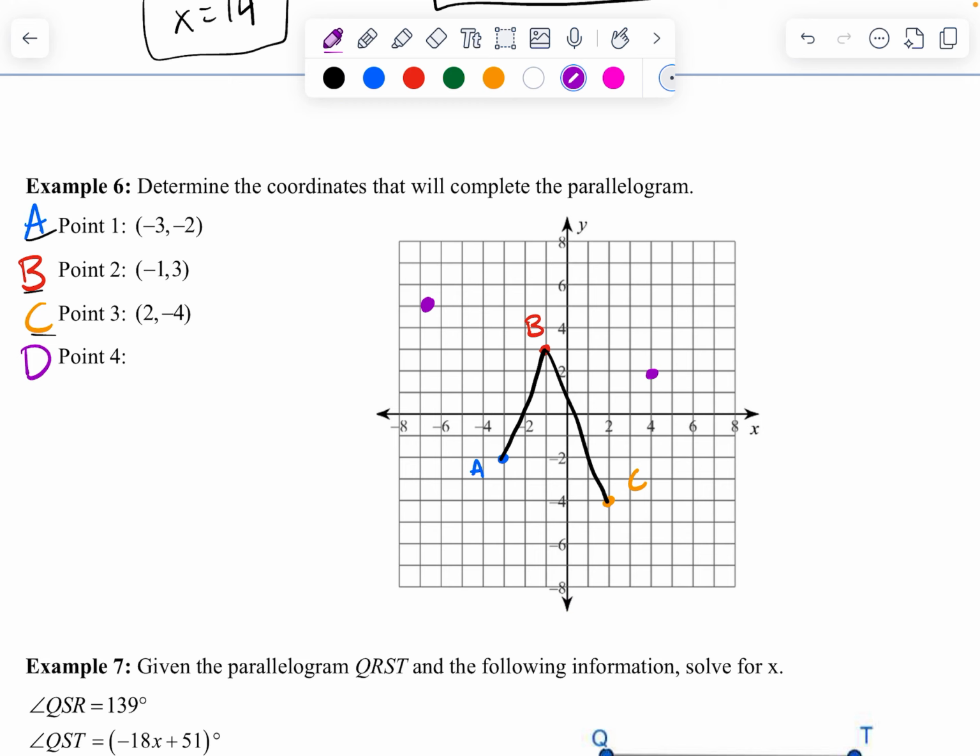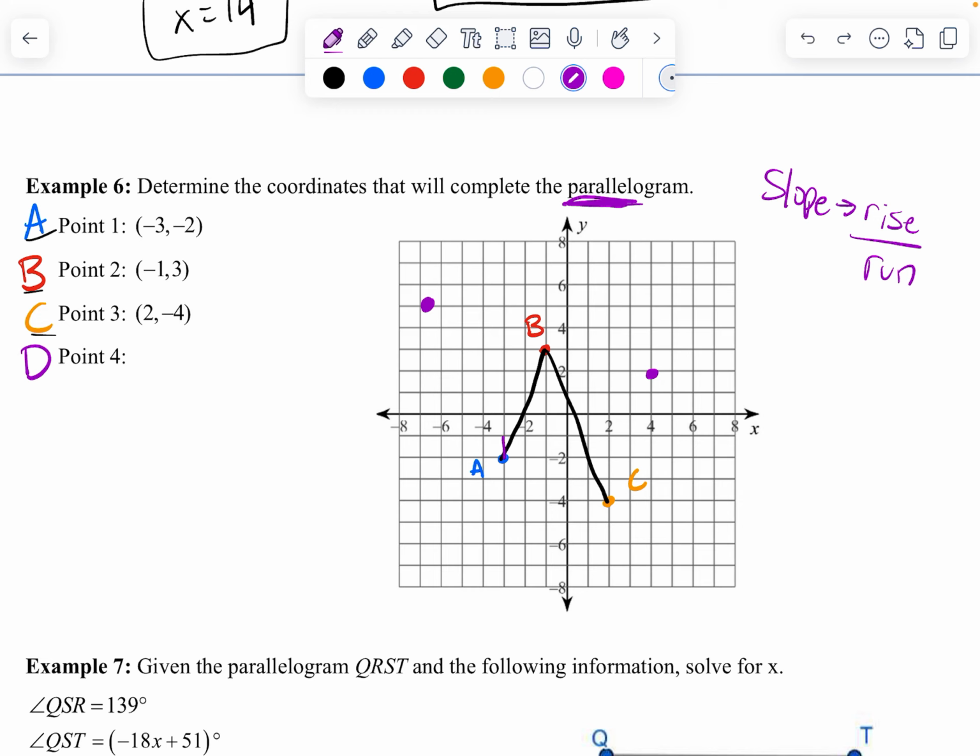So I know that parallelograms are made up of parallel lines, right? Parallel lines have the same slope, right? Remember, slope is rise over run. So that means if I can find the slope of either this line or this line, I'll be able to find my point. I'm just going to go for the slope of that line because I can.